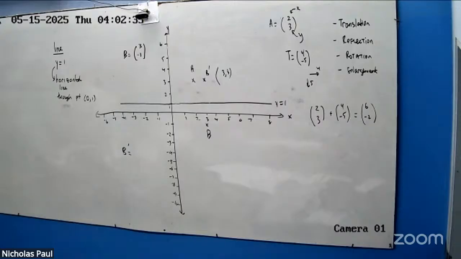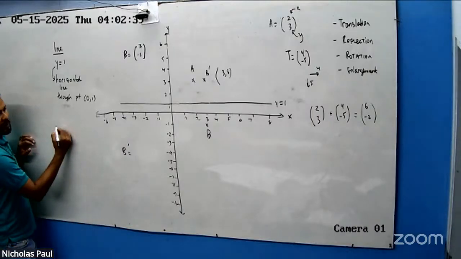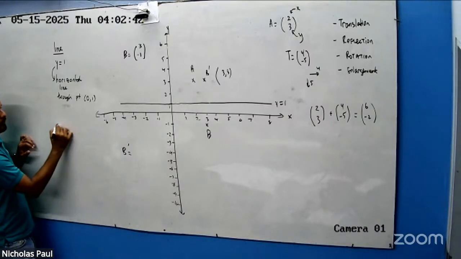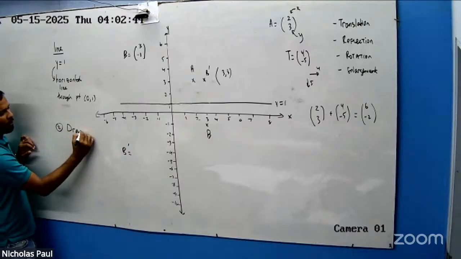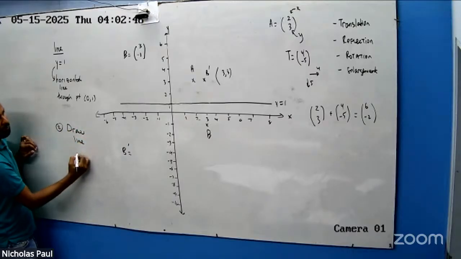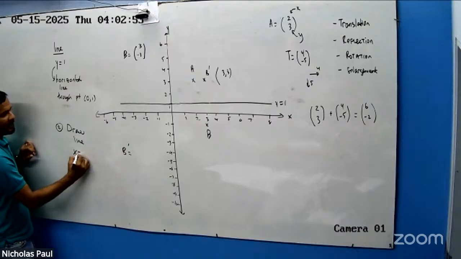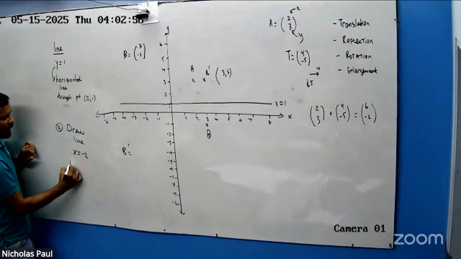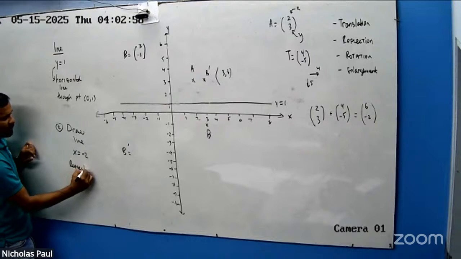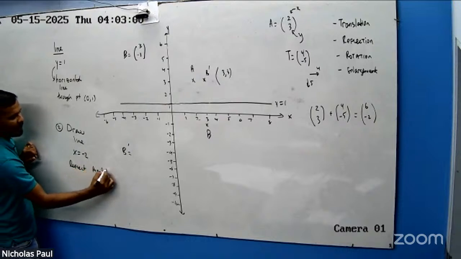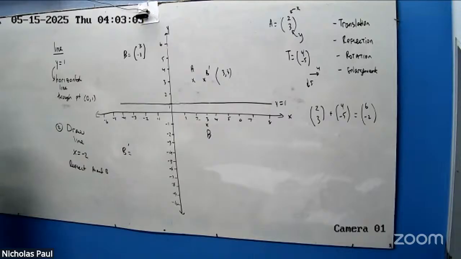What I want you to do is to draw the line. Draw the line x equals minus 2 and reflect A and B. What do you think the line x equals minus 2 will look like, Jamal?